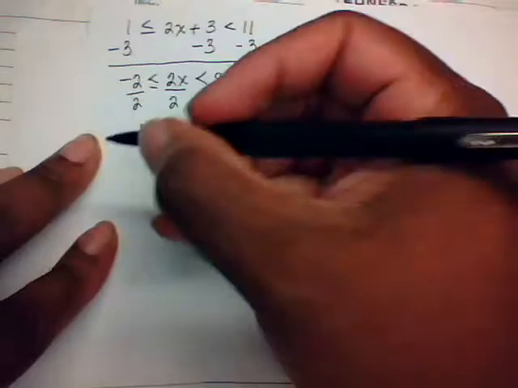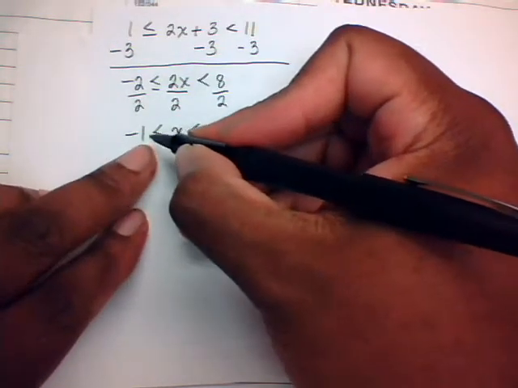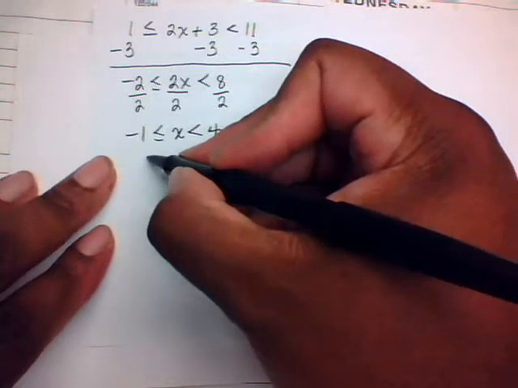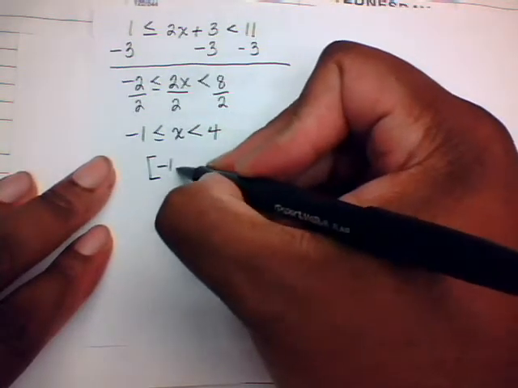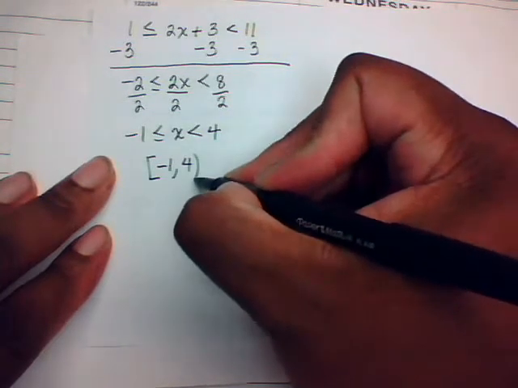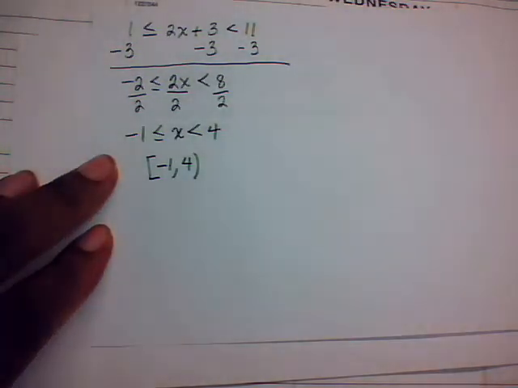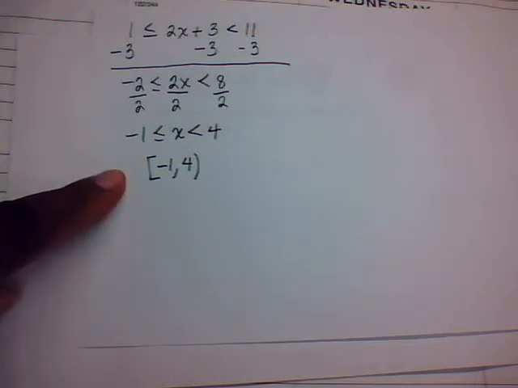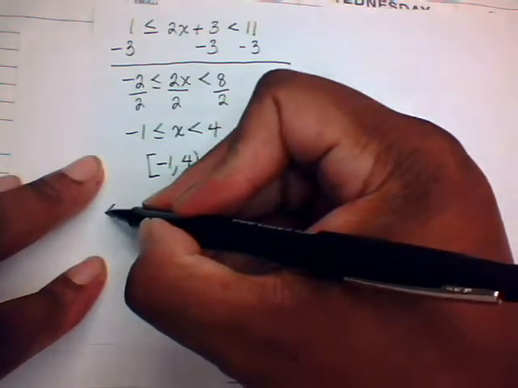The interval notation is this. The -1 has the less than or equal to symbol, so we use a left bracket for -1. The 4 only has less than, so we use a right parenthesis. That's the interval notation. Here's the graph of that.